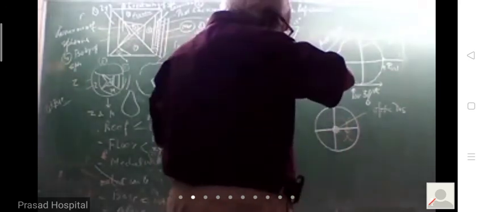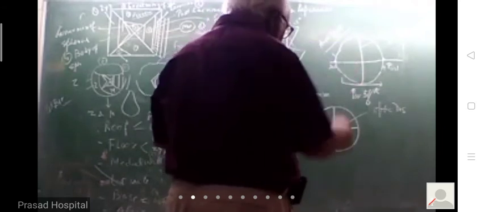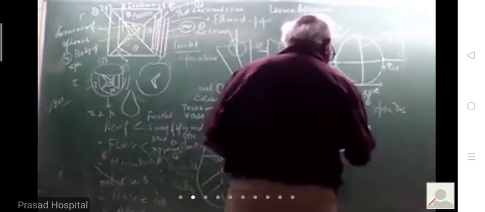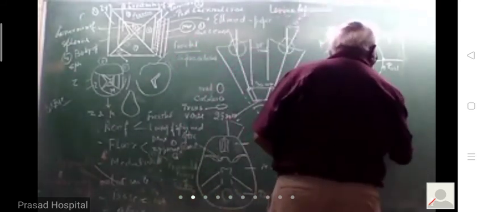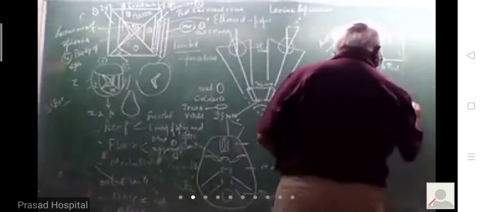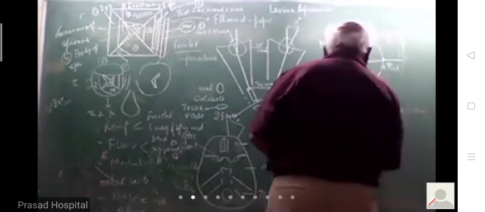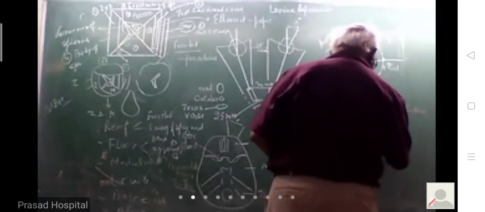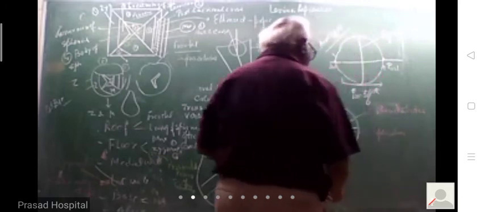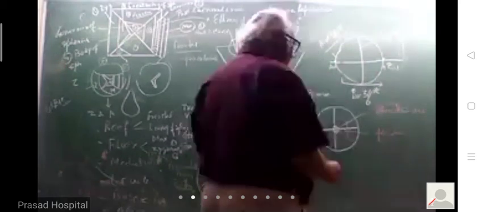There is a blind spot, and this is the macula lutea, and this one is the optic disc.